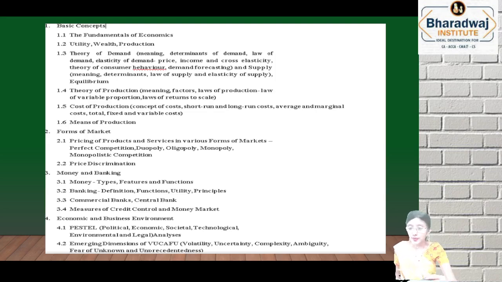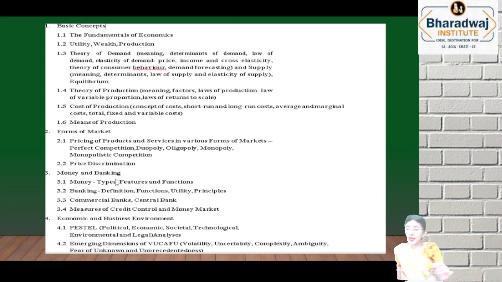Then demand. Look at the types of demand. Supply, elasticity of supply. We have done, no? Theory of production. I think we have done all the three theories. Variable proportion, returns to scale, laws of returns. Cost concepts, and revenue we have done. Means of production are nothing but factors of production, right? Forms of market, where market structure is completely done, and under monopoly we did price discrimination extensively.